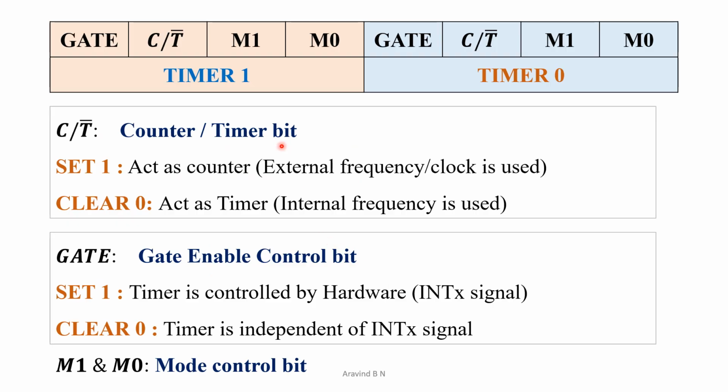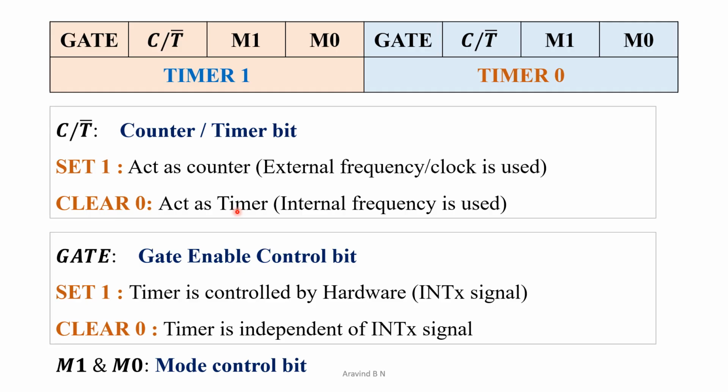Now let us take a look at what is going to happen over here. C bar T bar, which is present in both timer 1 and timer 0, is the first thing. It is the counter/timer select bit. Whenever we want to configure this as a timer or as a counter, we make use of this bit. If it is set equal to 1, then it acts as a counter. If it is cleared to 0, then it acts as a timer.